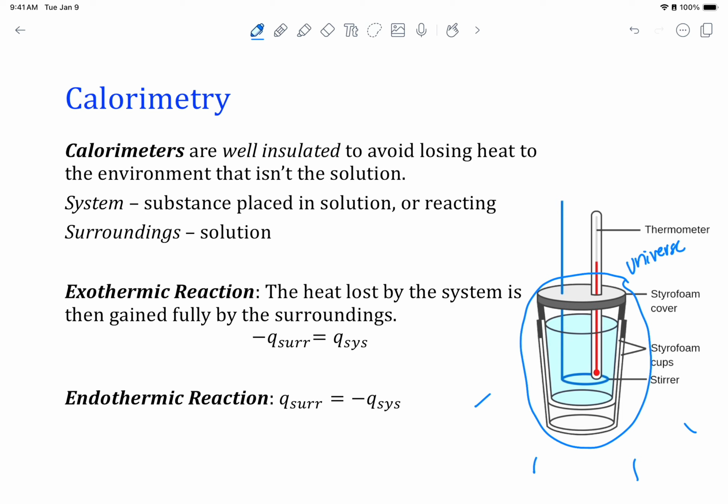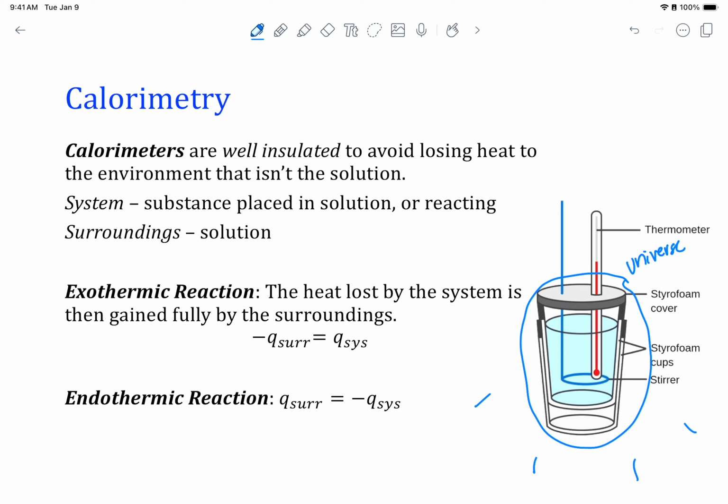So in our small calorimeter universe here, the heat of the system plus the heat of the surroundings has to equal 0 because the heat is being transferred from one to the other. Okay, so they have to equal 0. There cannot be any difference in the heat besides what is already there because it has to be fully transferred.